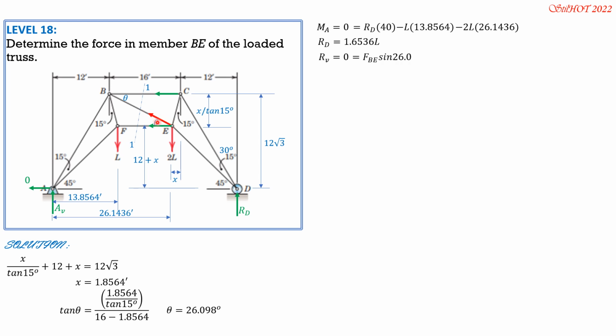So FBE sine of 26.098 degrees, positive upward, plus RD, which is 1.6536 L, then minus 2L. We consider forces to the right of section 1-1. Therefore, we can now solve FBE: 2L minus 1.6536 L divided by sine 26.098. So FBE is equal to 0.787 L, tension.